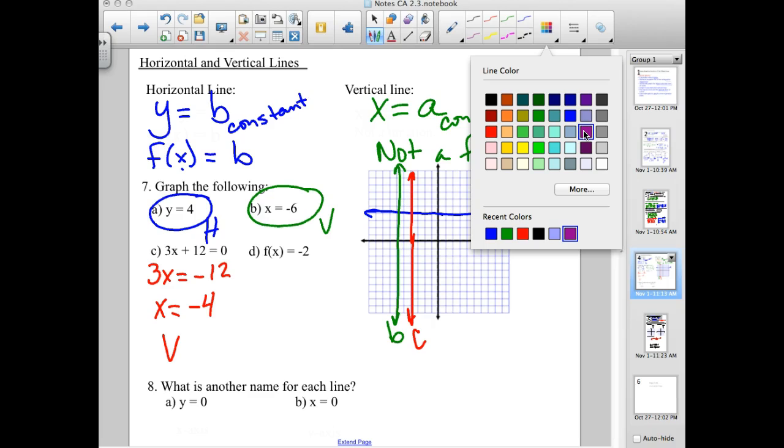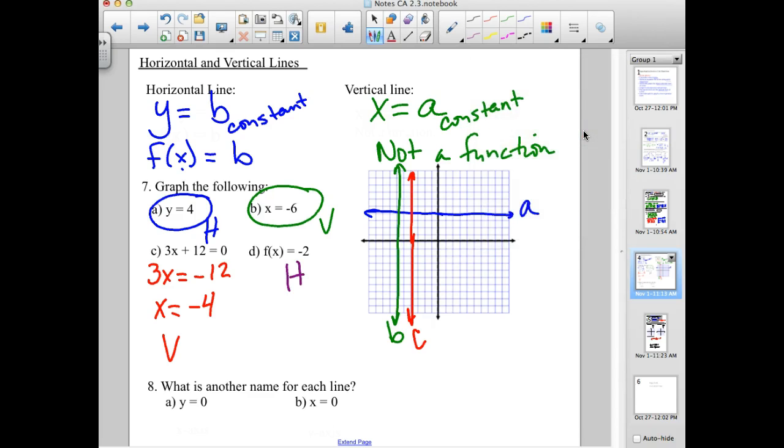All right, f of x equals -2. Horizontal? All right, at -2. We okay with those?